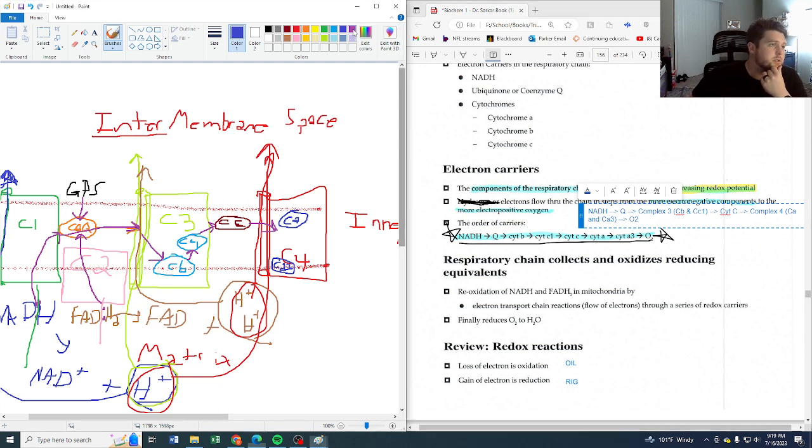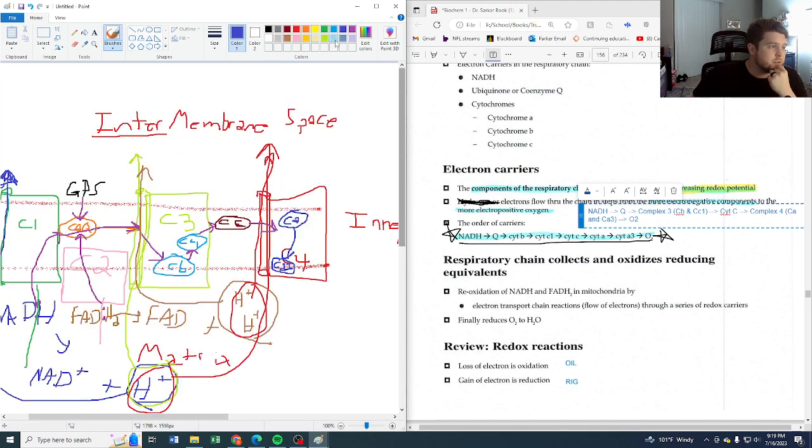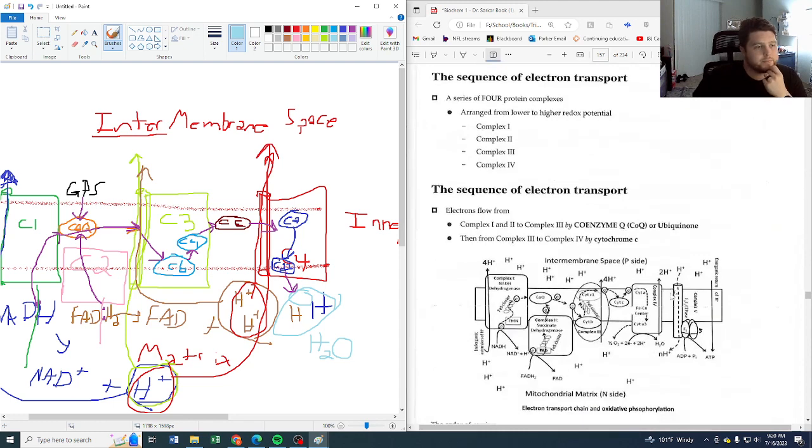So finally the electrons go from cytochrome A to the cytochrome A3. And here comes our lovely oxygen molecule, and it dumps off those electrons to that oxygen, and they're going to get a couple of hydrogens that are still here in the matrix attached to them, and we have a beautiful H2O in the end.